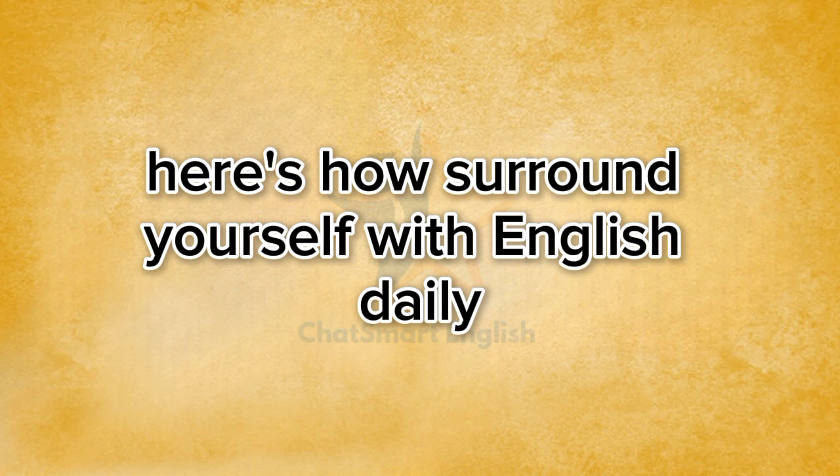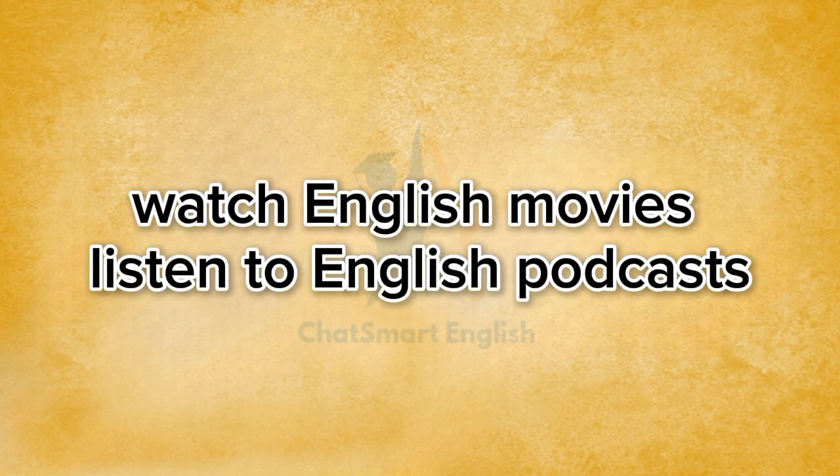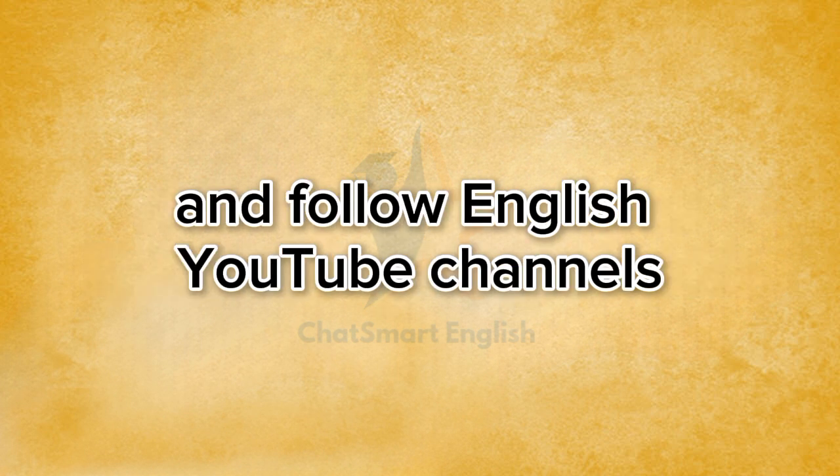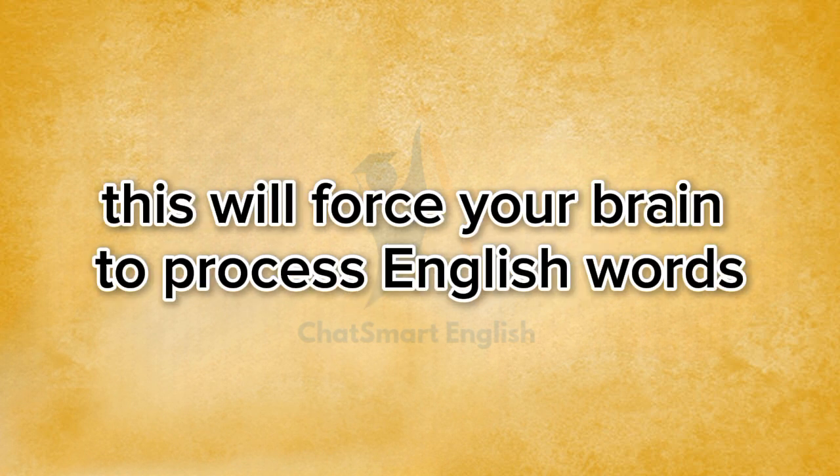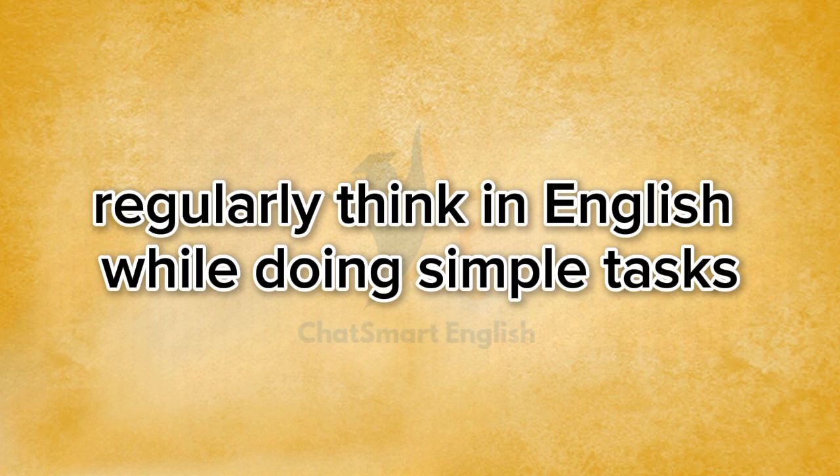Here's how. Surround yourself with English daily. Watch English movies, listen to English podcasts, and follow English YouTube channels. Change your phone's language to English. This will force your brain to process English words regularly. Think in English while doing simple tasks.